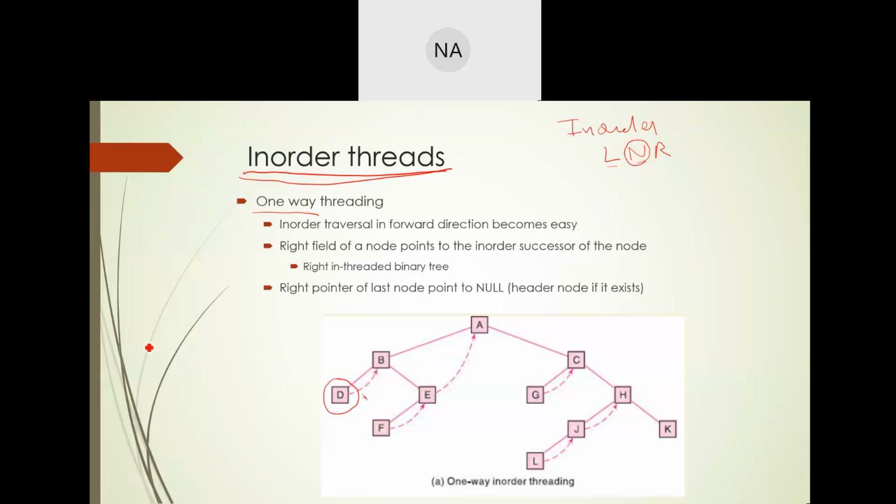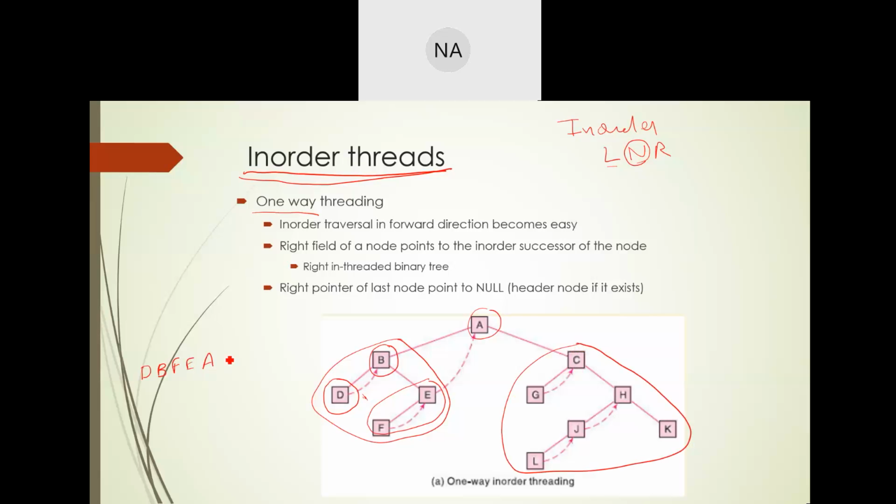This is the root node. You will traverse the left subtree first. B is the root node of this left subtree. Then traverse the left subtree D, then the root node B. Then the right subtree of node B, F, then E. Then A, the root node, then the right subtree of root node A. In this part, C is the root node.